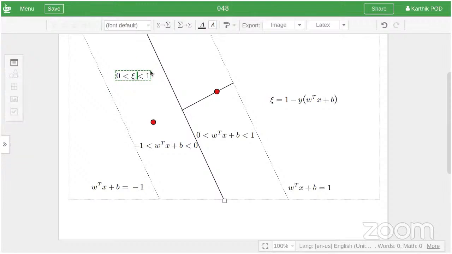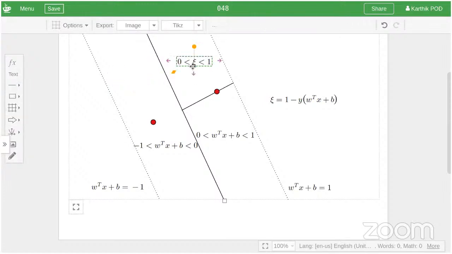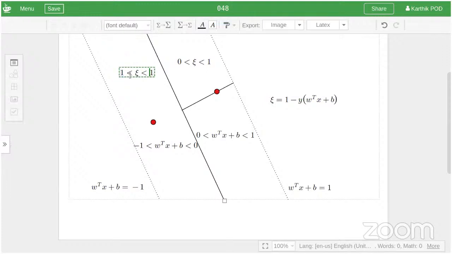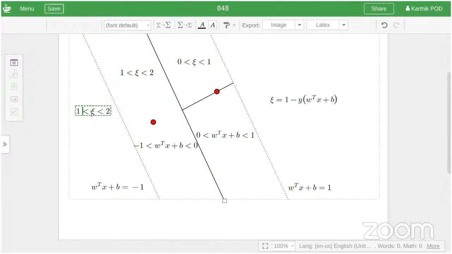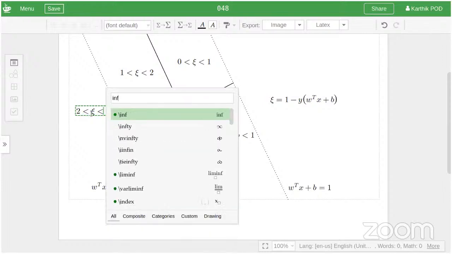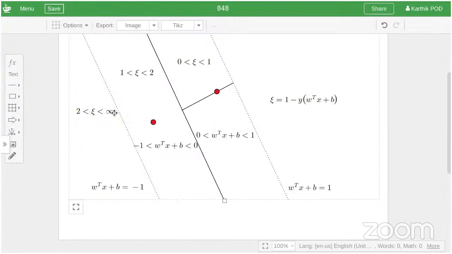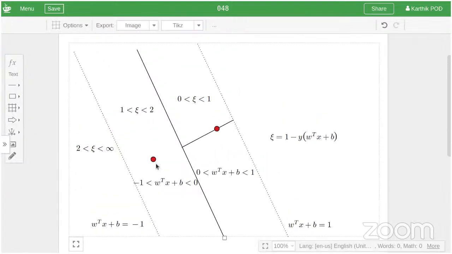This region will be what? This will be starting from 1. It will go till 2, and this will be 2 less than. Okay, that is, if you want to be very precise, this will be all the other values of xi.